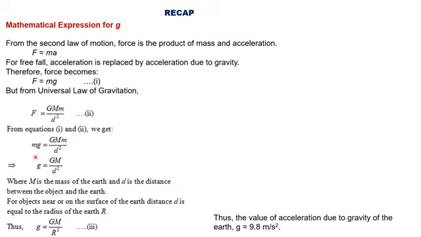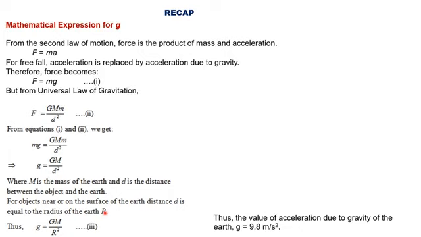If I have to find the value of g, I am going to keep this g on the left hand side, and this m will go down, and that m and the m at the numerator will cancel. So what I am getting here is g equals G M divided by d square, where M is the mass of the earth and d is the distance between the object and the earth. Now in case the object is on the surface of the earth, then this distance will be the radius of the earth, because the distance is not too much.